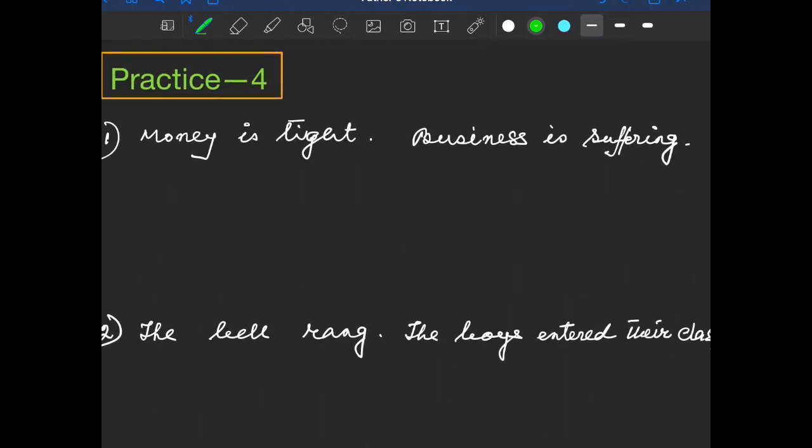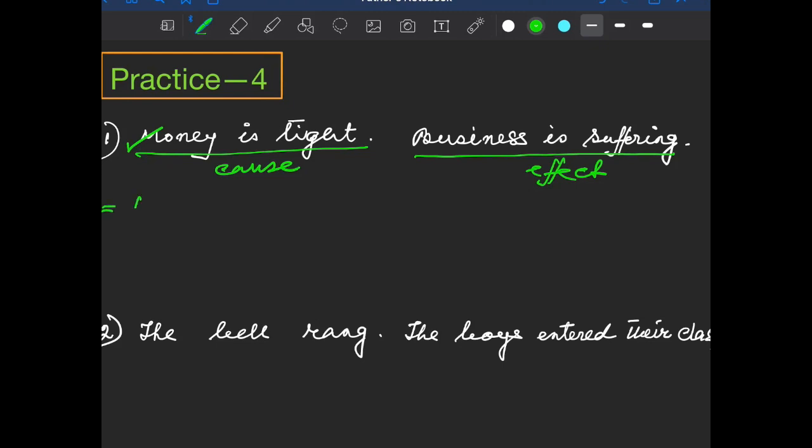Now take your answer and see. Here money is tight, business is suffering. You know, this is the effect and this is the cause. So we will keep the effect and we will change this into a nominative absolute.